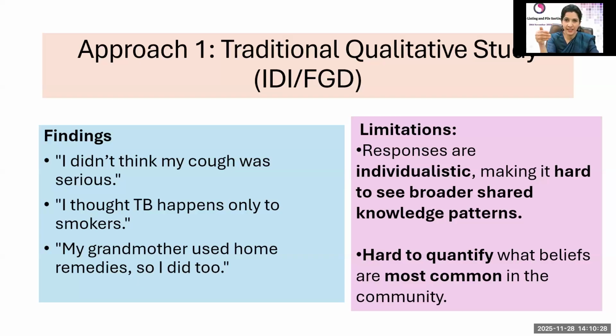But you will see in the ANTHROPAC free listing and pile sorting, it's semi-quantitative in nature. That means it's midway between pure quantitative and pure qualitative. So it supplements your qualitative finding. Many times it is hard to convince a person who is a true believer of quantitative research.